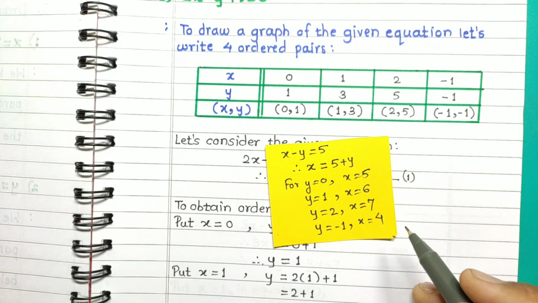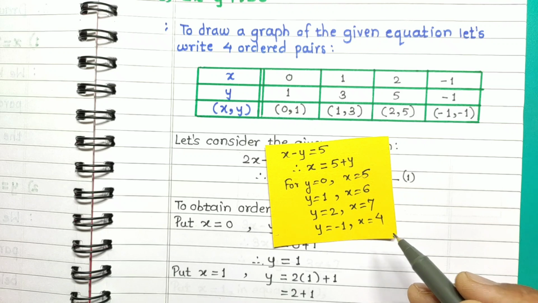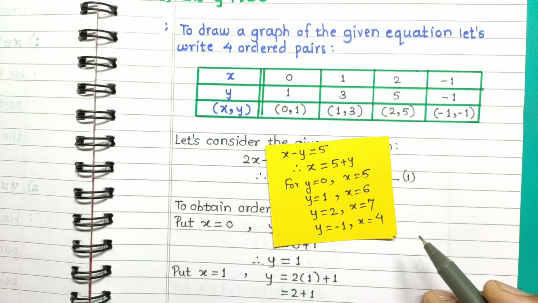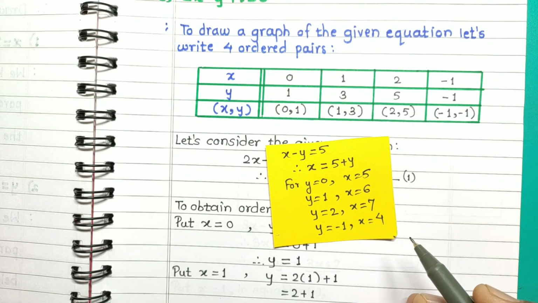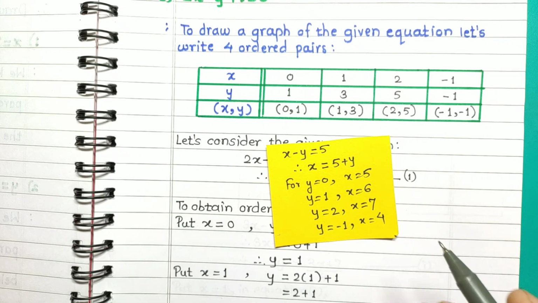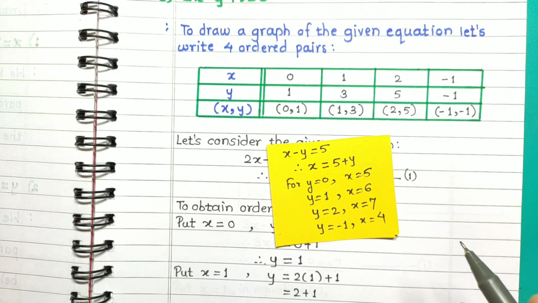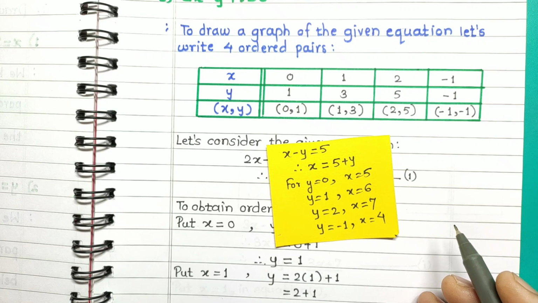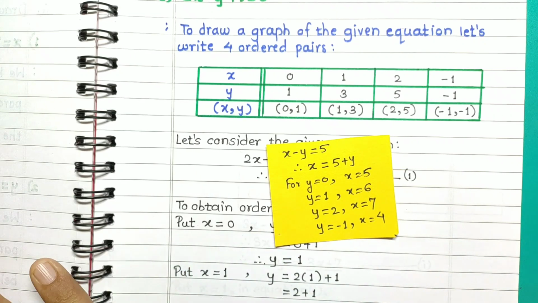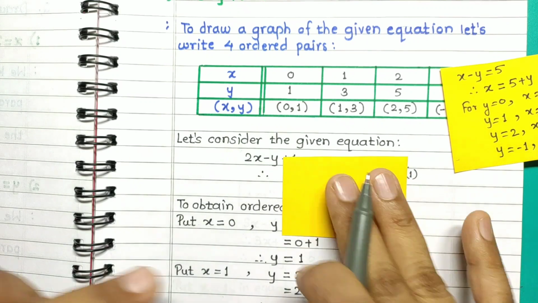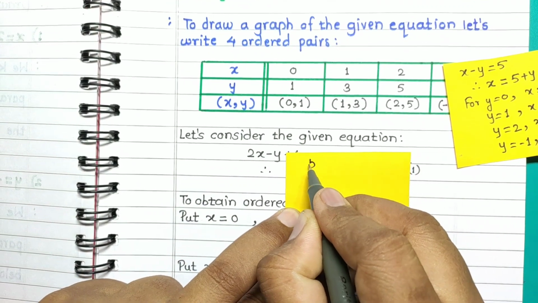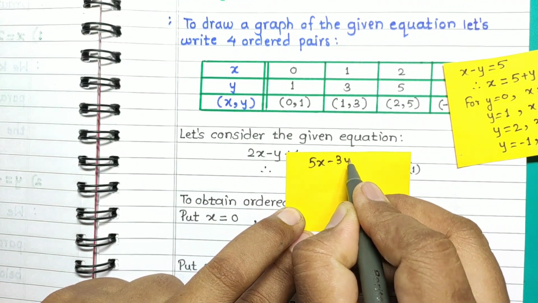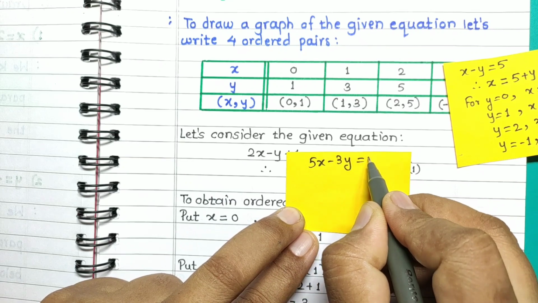Also, while finding ordered pairs, if for any value of x, the value of y comes out to be a fraction, avoid that pair because it is inconvenient to plot fractions on a graph. For example, see if the equation is like this, 5x minus 3y is equal to 1.